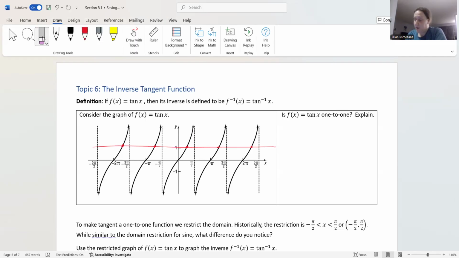So this is definitely not one-to-one. To answer this question, we can certainly say no, it's not a one-to-one function. It's a function, but it's not one-to-one. The simple explanation is it fails the horizontal line test.